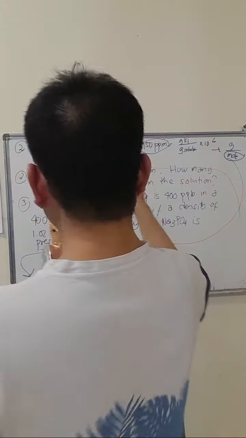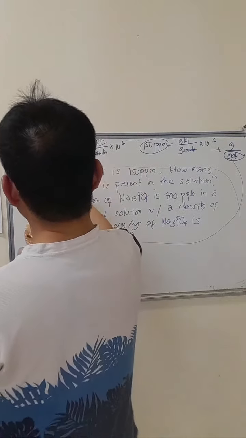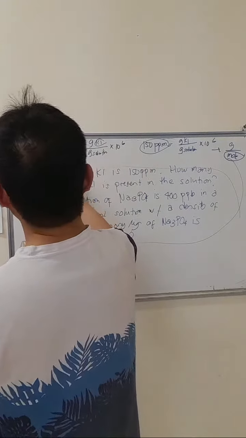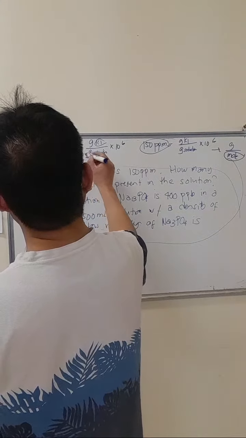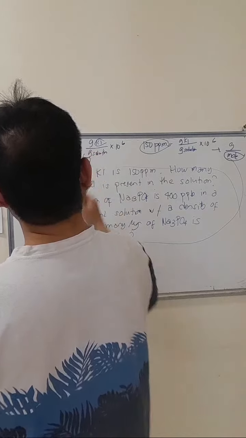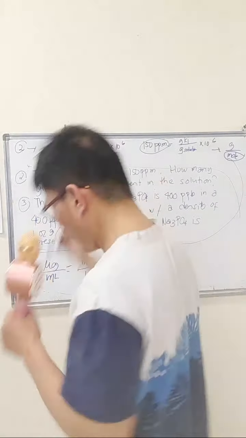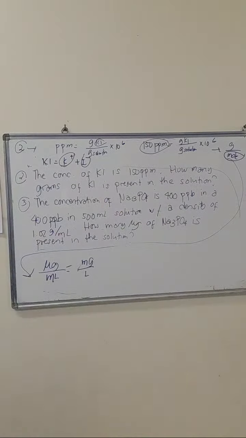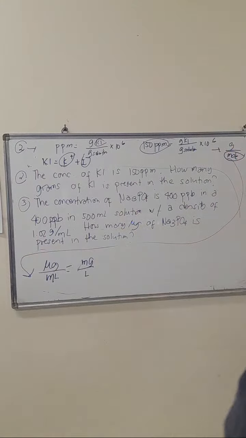Then if you try to break this potassium iodide into an aqueous solution, potassium iodide is equal to potassium positive plus iodide negative. Both of them have a positive 1, 1 mole of potassium and 1 mole of iodide.